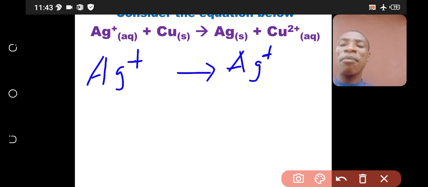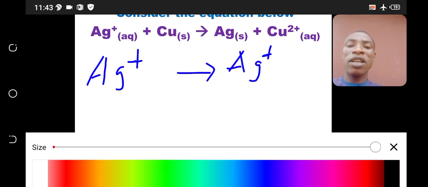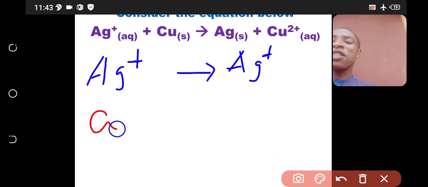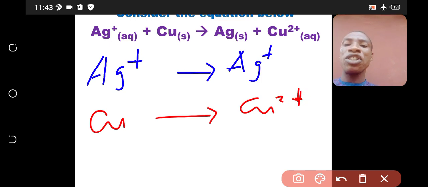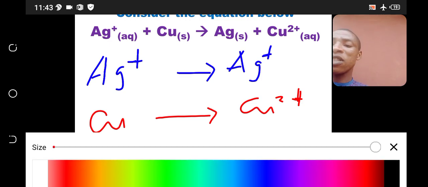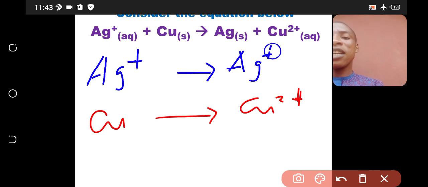Let me use another marker to make it different. So we're going to have Cu go into Cu2+. I'll be balancing the first half equation. Let me make a correction here. There's no Ag+ in the first one. It's just ordinary Ag.